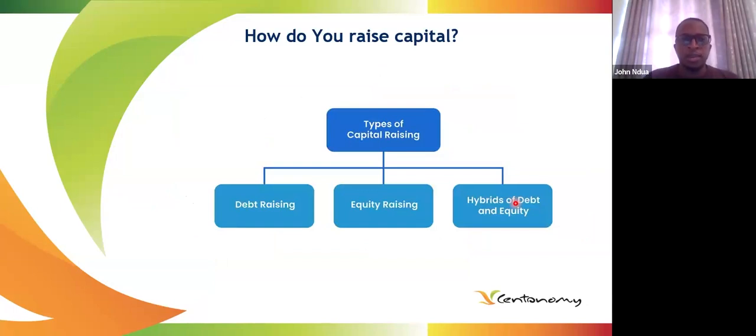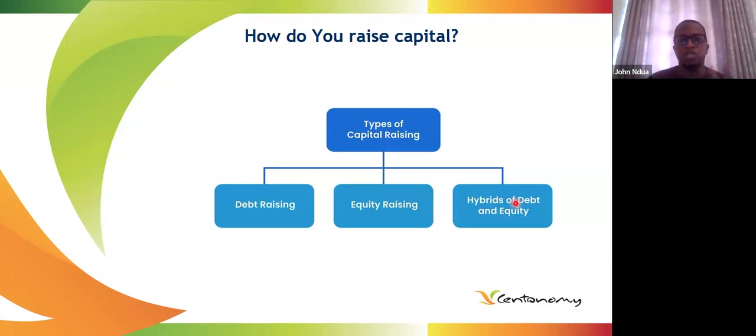So when dealing with equities, we are basically dealing with companies. And these companies are basically corporate companies, either public or private. That's why we have equities in the traditional sense, and we have equities in the alternative sense. So how do we raise capital?